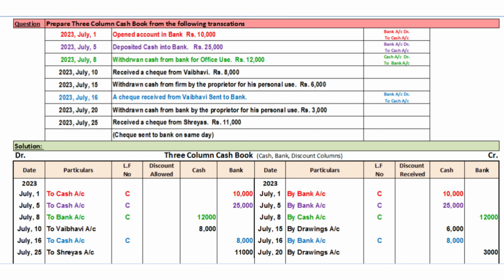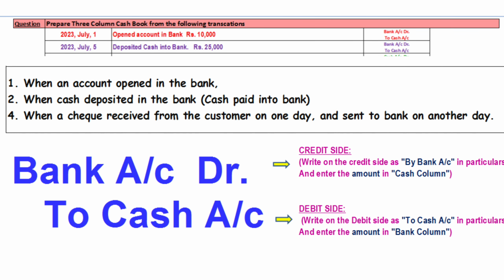When we write bank in a particular column, enter the amount in the cash column, and when we write cash in the particular column, enter the amount in the bank column. For the second entry, transaction deposited into bank, it is also the same entry, bank account debit to cash account.